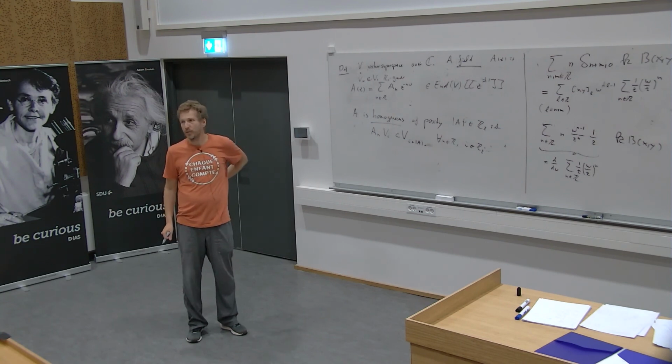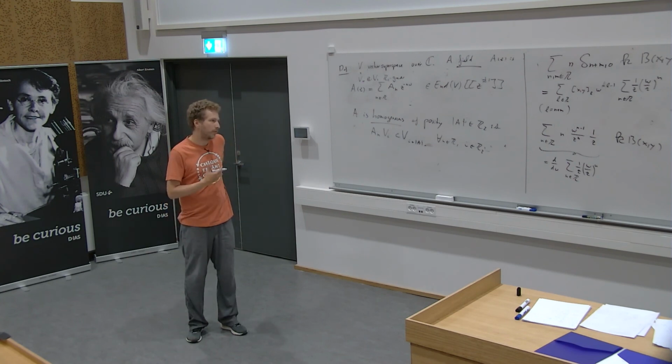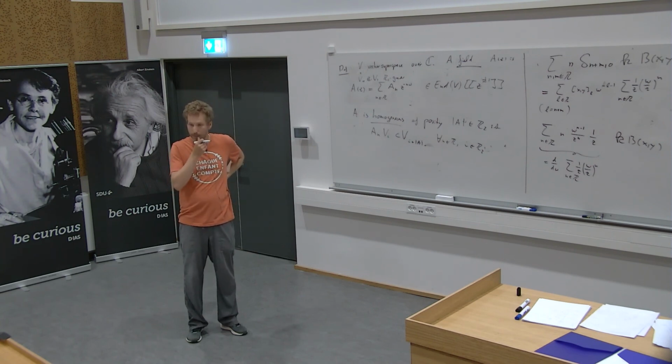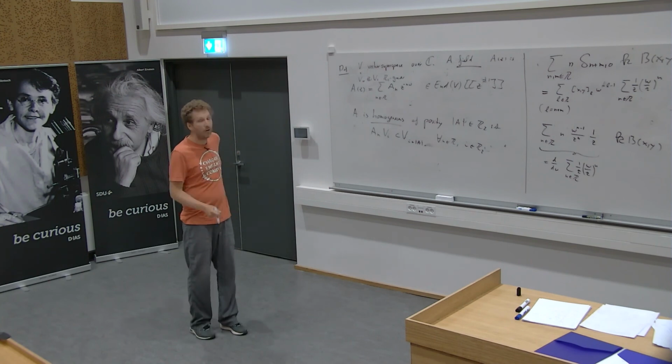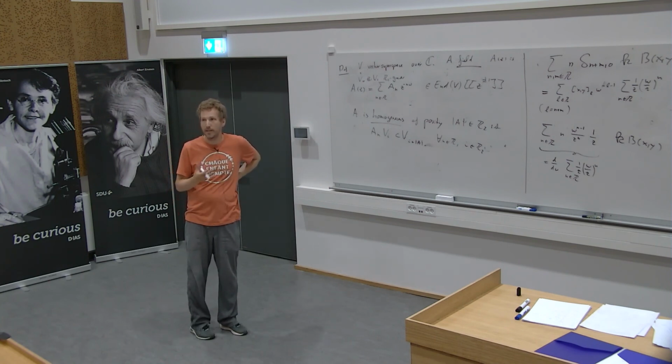If super confuses, I just introduced it because it would be a waste not to introduce it. Everything works equally well for super. If it's confusing, you can always just ignore it and think about everything in the Lie algebra setting, in the even setting.